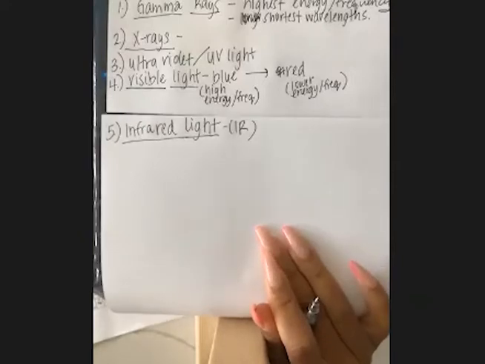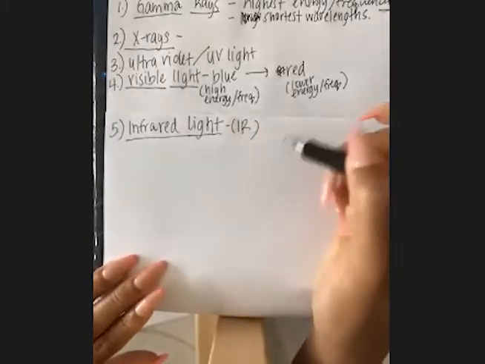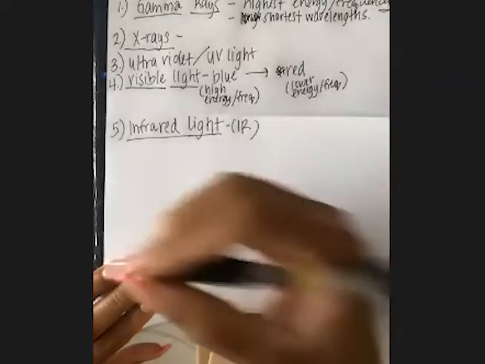All warm body animals emit IR. You've seen night vision cameras, whether in person or in movies. The night vision cameras use IR technology, where warm body animals will glow red or orange on the screen. They're just using the heat that's emitted from all warm body animals.